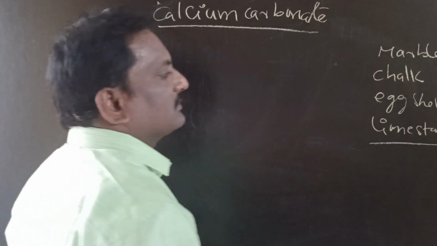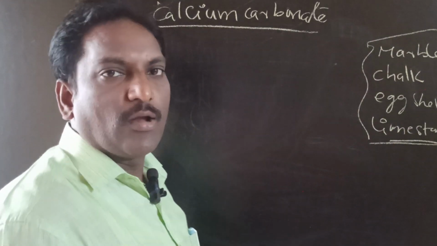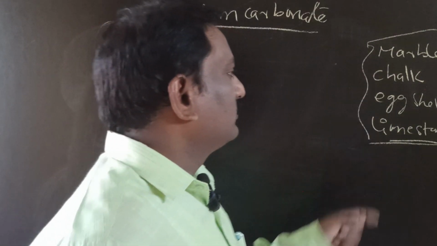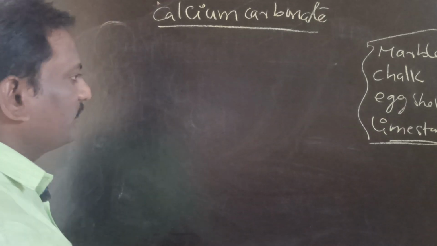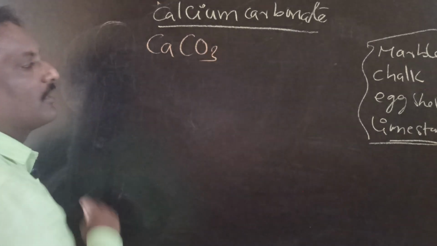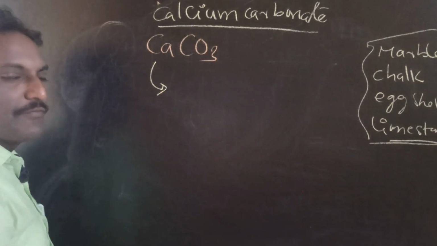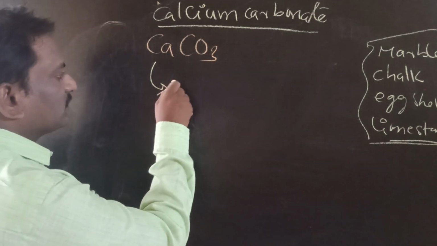These all chemicals consist of calcium carbonate. So for calcium carbonate, the formula will be CaCO3. Let us list out how many atoms of different elements are present in calcium carbonate.